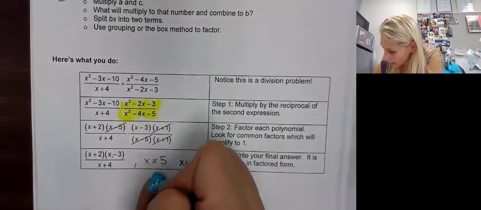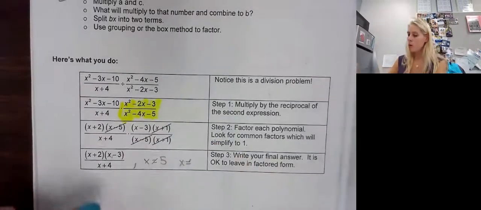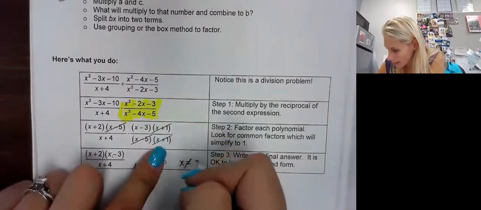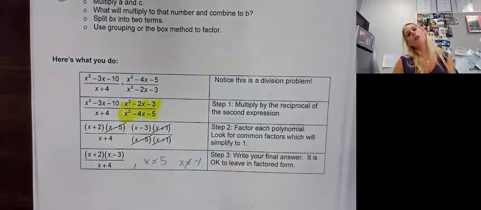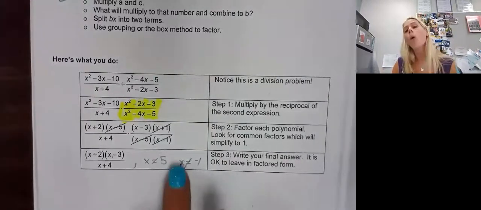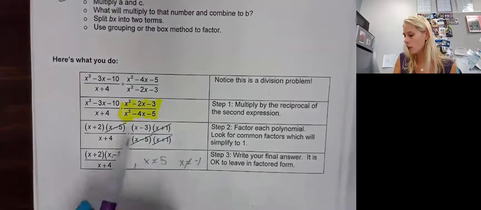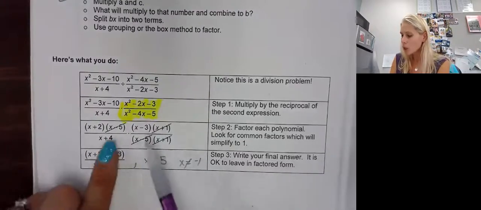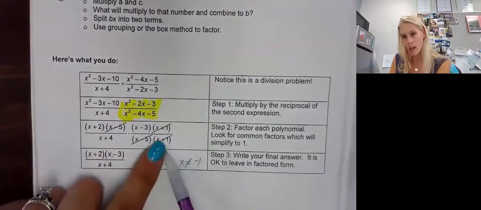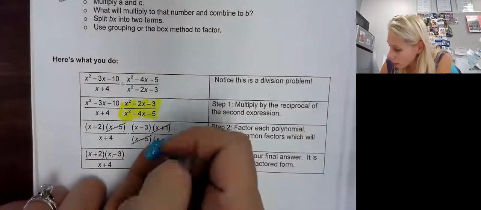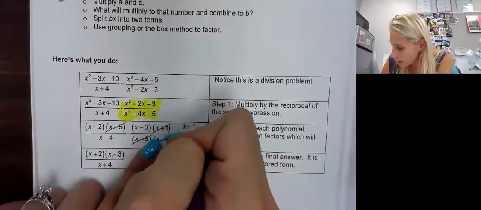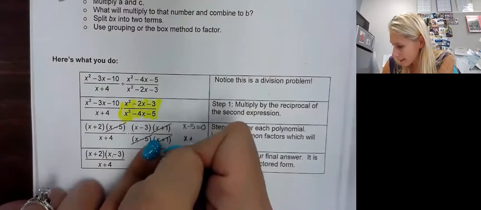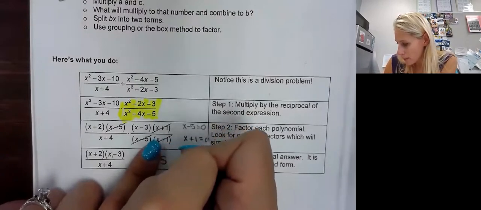X cannot be, what does x plus 1 equal 0? Negative 1. These you'll find out in graphing are your holes. So what you crossed out is your holes, and we'll go over that later. But for now, just remember, anything you cross out, set that equal to 0 and solve, because that's what x cannot be.